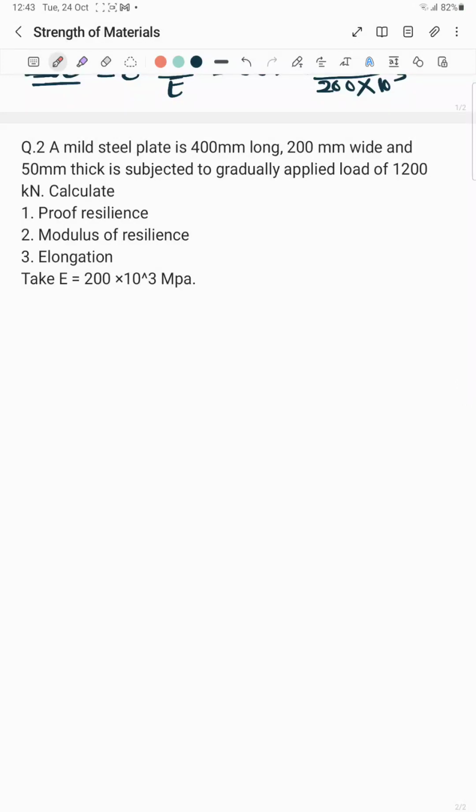Hello everyone. So this is my second question, which is based on strain energy. Here in this question it says that a mild steel plate is 400 long and 200 in wide, and its thickness is 50.